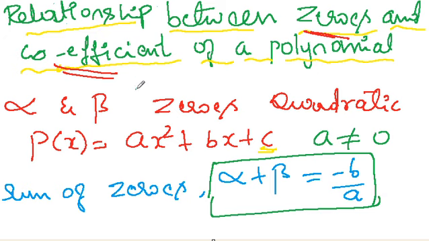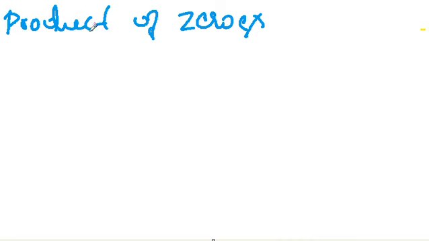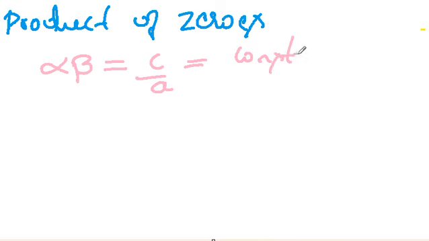Okay, next is the product of zeros. The two zeros of the quadratic polynomial we have taken are alpha and beta. So the product, alpha into beta, is equal to c by a. C is the constant in the quadratic polynomial.